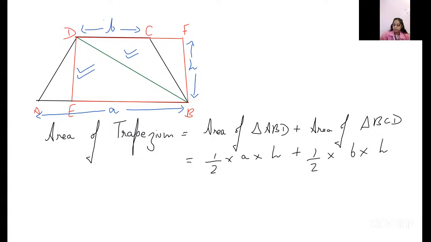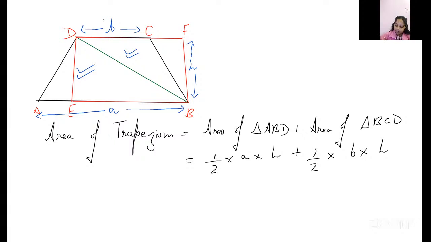Can you repeat that? A is the area, right? No, A is this length, the length of this triangle, and H is this height of this triangle.